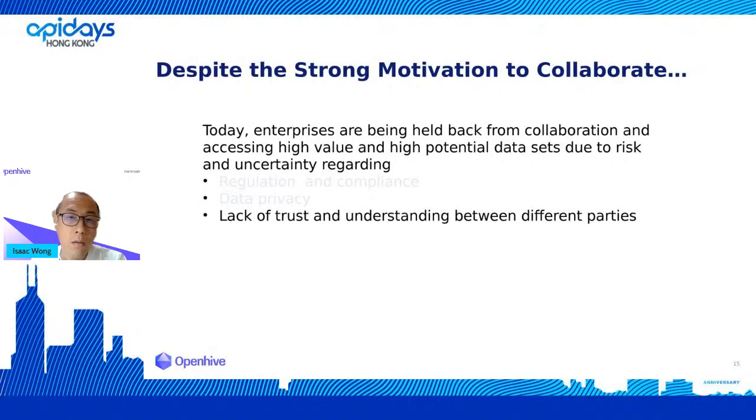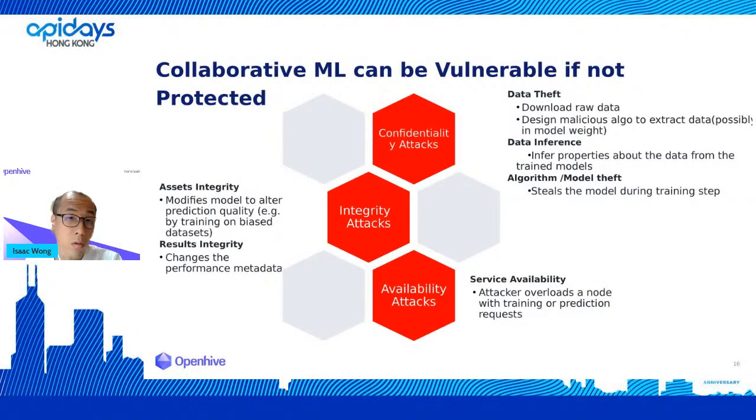And then another consideration that is dragging the progress of data collaboration is the lack of trust between different parties. It is well known that there are many vulnerabilities on the internet, especially regarding machine learning. There may be data theft, trying to steal the raw data or extract valuable information from the model weightings and make inferences on the data set, trying to guess back the data values from data that does not belong to the owners.